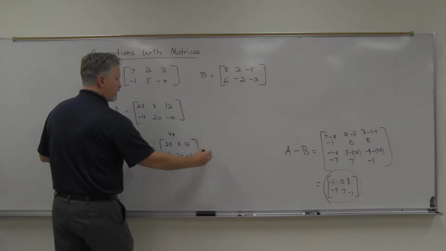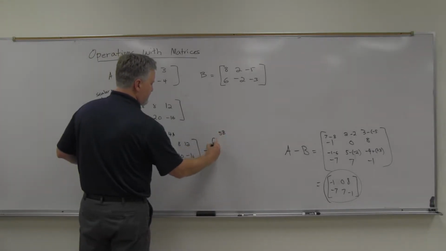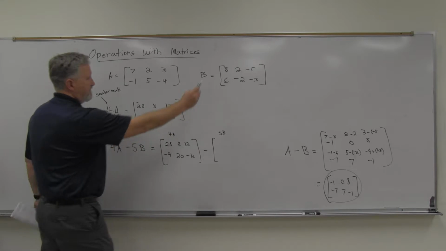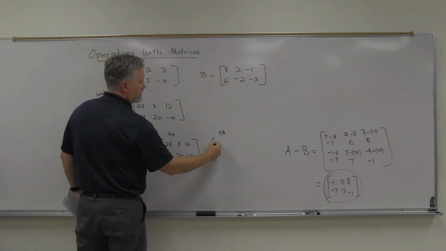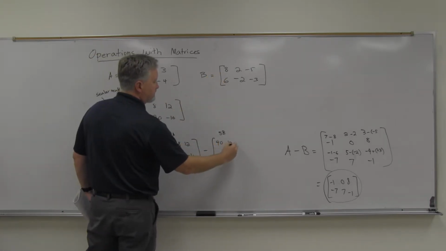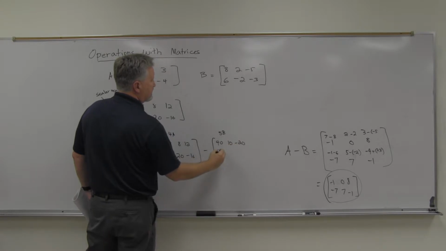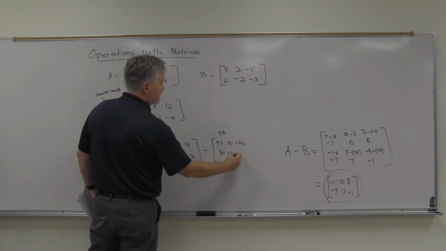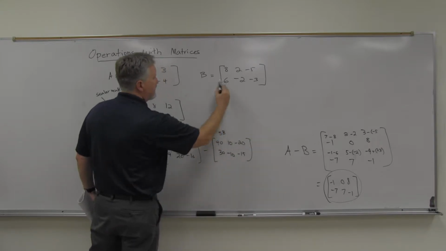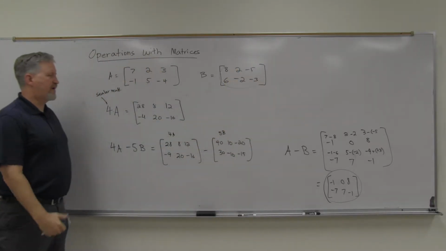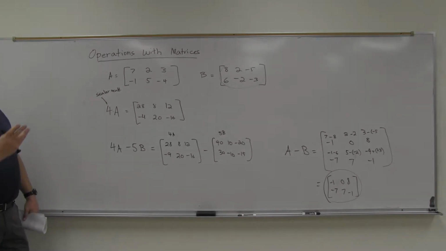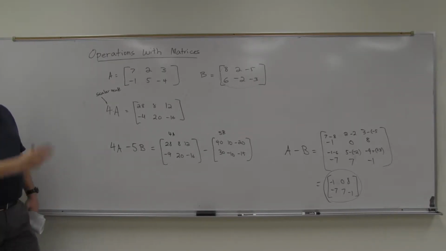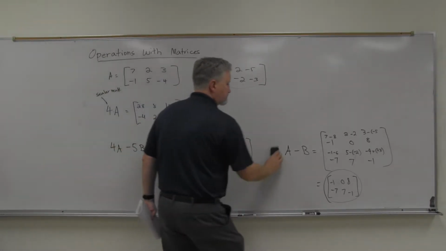But we're going to subtract from that 5B, so what would 5B be? Well, it's just 5 times that one, right? 40, 10, negative 20, 30, negative 10, negative 15. So I'm just multiplying each entry of B by 5, and then I'm going to subtract those two, which we just talked about.